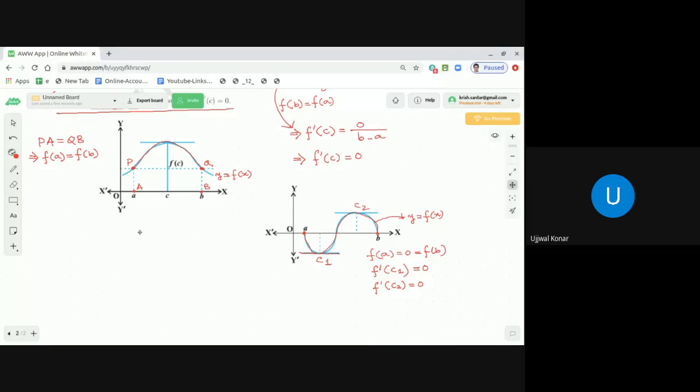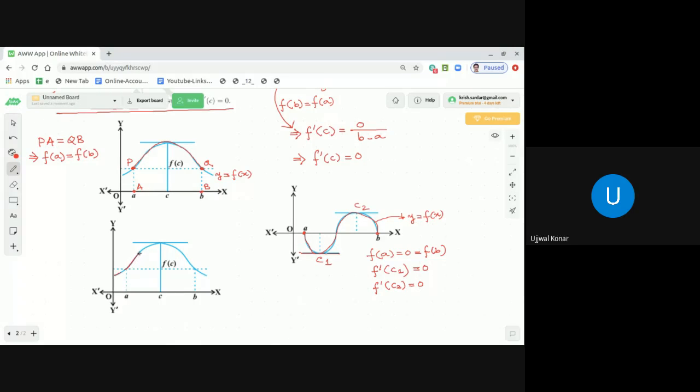Let me draw this function once more, the first function, and explain why f dash C has to be 0 when fa equal to fb, along with the 2 other conditions satisfied, that the function fx is continuous in the closed interval a comma b, and differentiable in the open interval a comma b. If you look at this one, suppose the function starts being defined from here, that x equal to a.